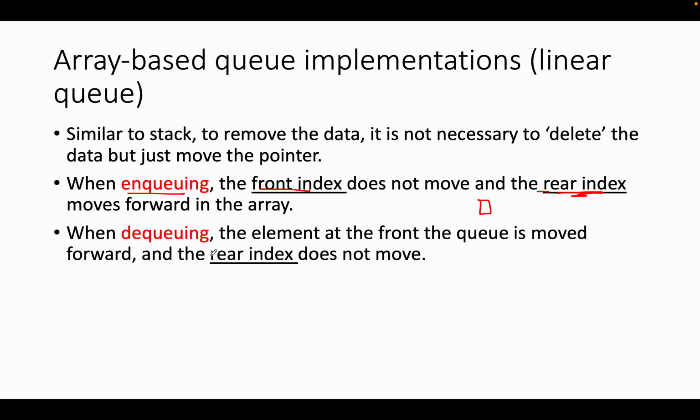But when you dequeue, the last index will not move, just the front, because you dequeue from the front. So when you dequeue, this position changes; this position doesn't change. But when you enqueue, this position changes, and this position doesn't change. Just that.